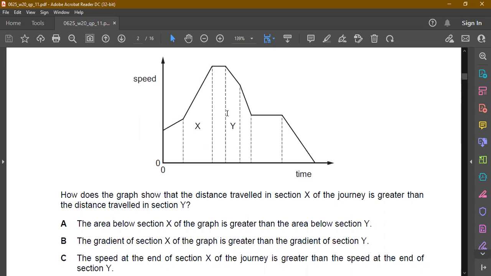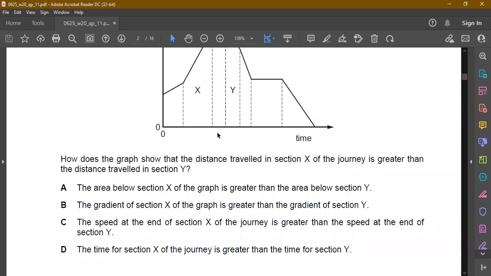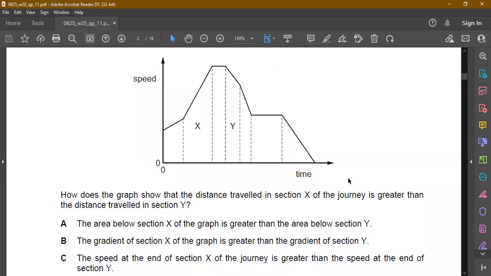From this graph, we can see that the area under X is higher than the area under Y. So the answer is A: the area below section X of the graph is greater than the area below section Y. I think it's easy for this one.